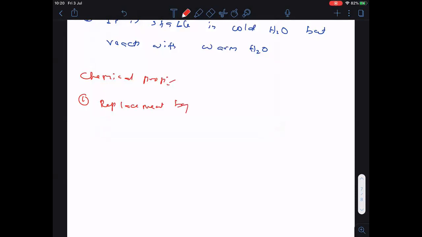First chemical property is replacement by halide ion.